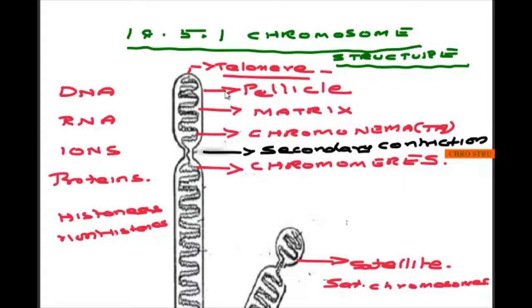These secondary constrictions we call the nucleolar organizer. This nucleolar organizer helps the nucleus to form the nucleolus. So this is what we see in a chromosome.